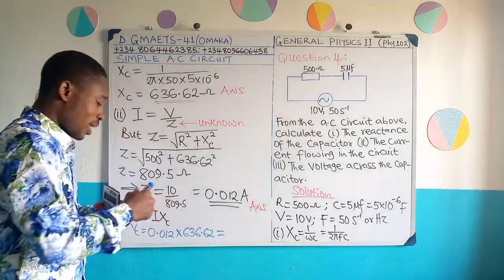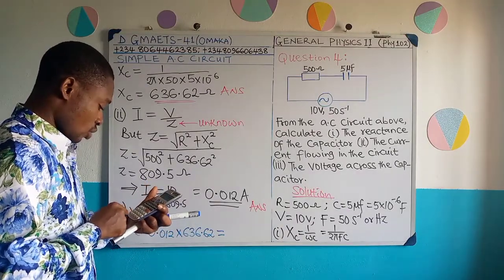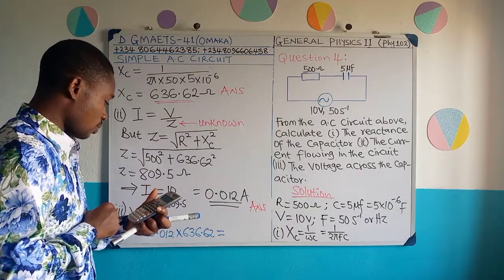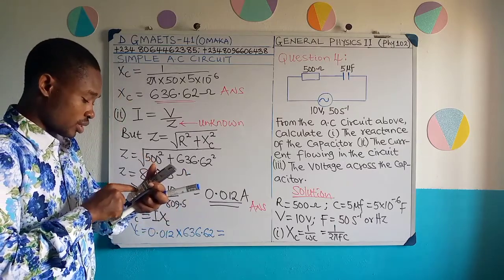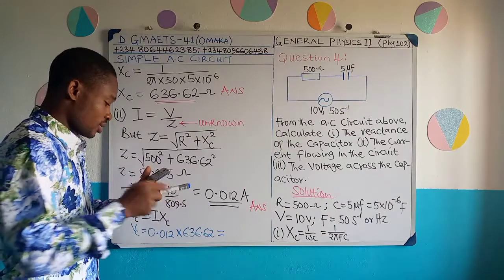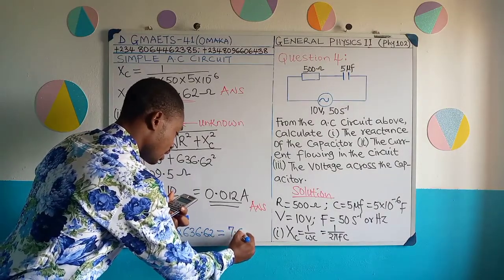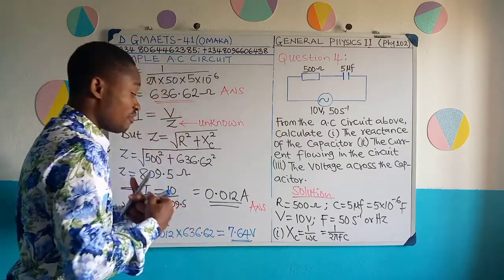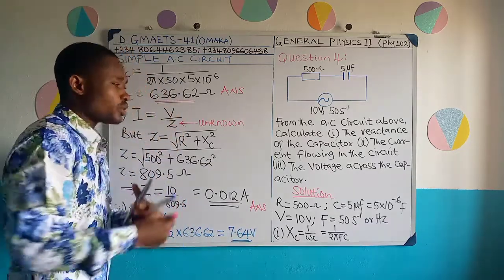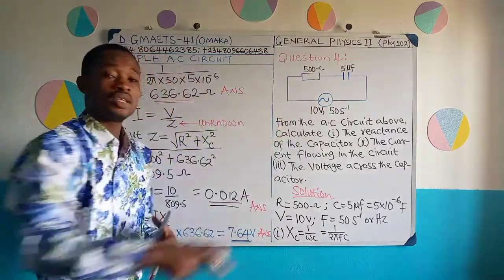So if you multiply this out, 0.012 multiplied by 636.62, this is 7.64 volts. And this is the value of the voltage across the capacitor in this RC circuit.